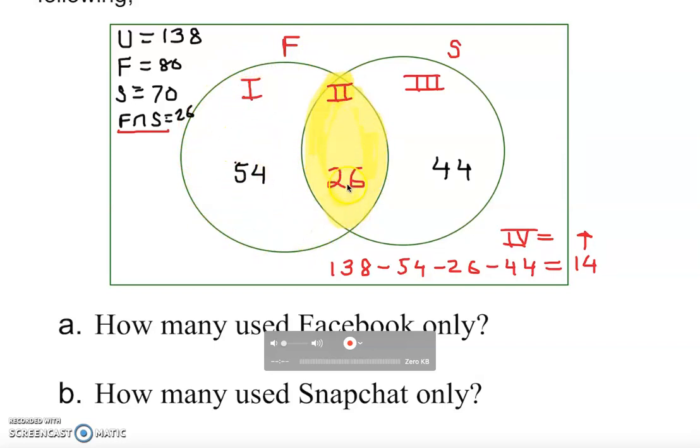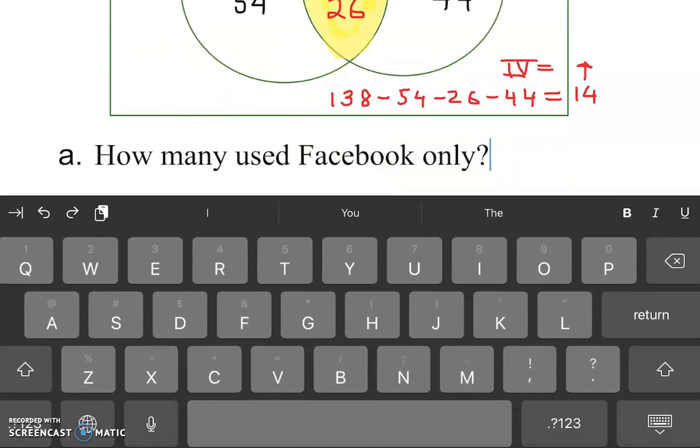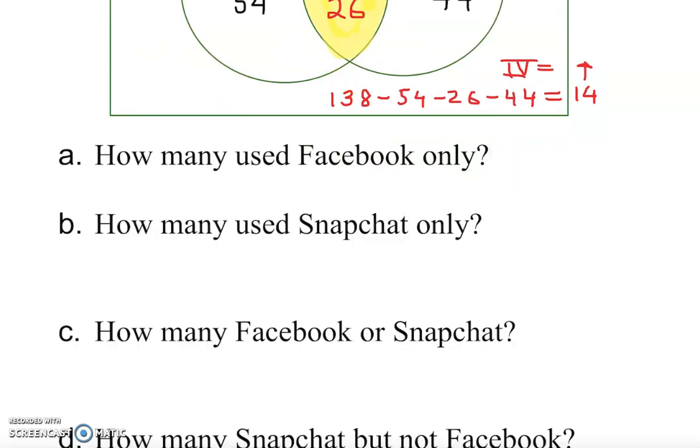Out of 80, 26 were also using Snapchat. But this question is asking how many used Facebook only. So clearly reason 1, which is 54, is the Facebook only. So that is 54.